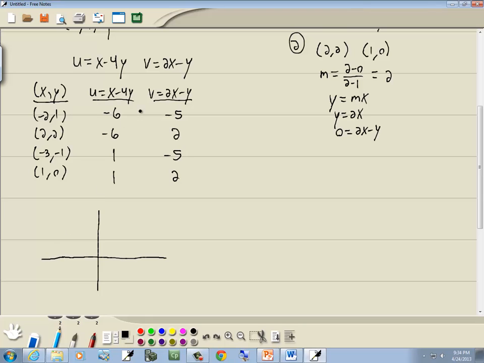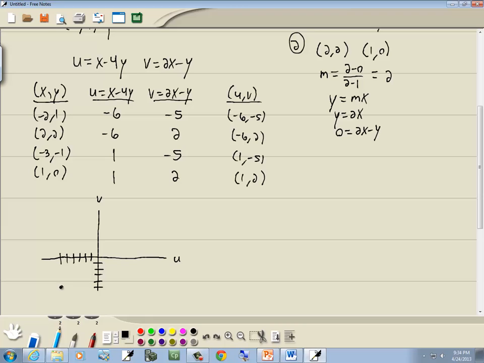Okay, so this will be our point, (u, v). So this would be (-6, -5), (-6, 2), (1, -5), and (1, 2). And this is our u, this is our v. So -6, then 1, 2, 3, 4, 5, 6, and 1, 2, 3, 4, 5.